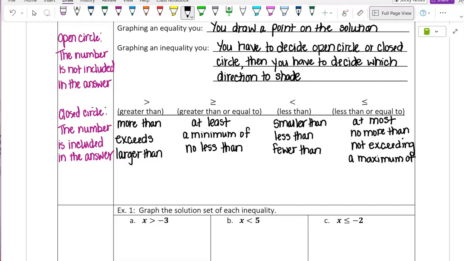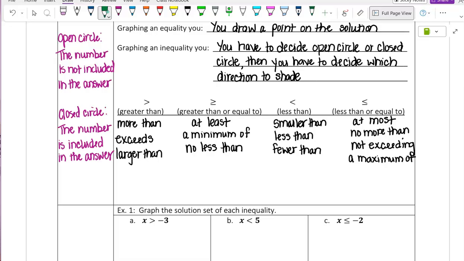Again, that's not necessarily an all-encompassing list, but these are the words or phrases you're going to see most when they're talking about inequality symbols. Now, for open circle, closed circle. The ones without the line under them, just the greater than and the less than, those are both open circles.